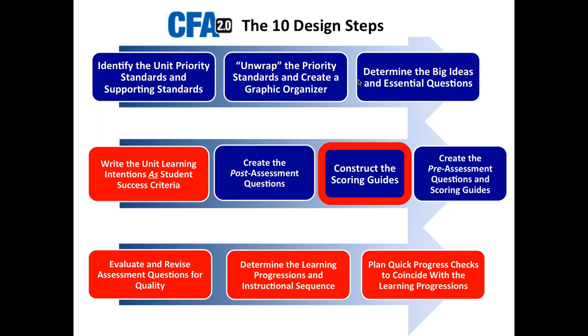We're going to talk a little bit about how creating the initial scoring guide after we've created the post-assessment, at least as a first draft, and then aligning it later to the success criteria can really help that assessment develop over time and become something that really empowers the students to know what's expected, but also empowers the teacher to make some quality inferences from the evidence that they gather from student work.